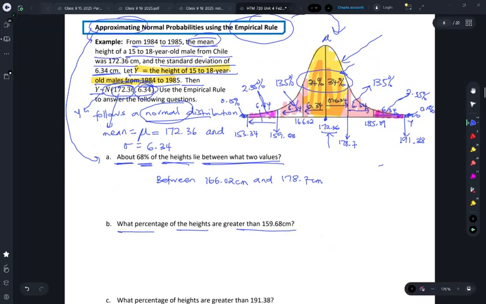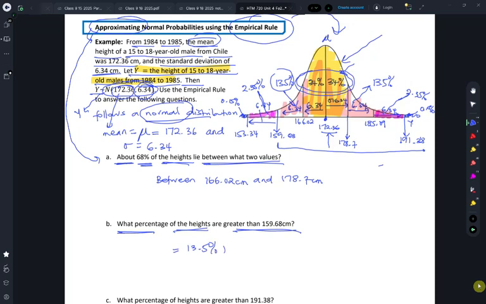That sets us up for finding what percentage of the heights are greater than 159.68. From 159.68 all the way forward, we have 13.5%, 68%. So let me write that down. Plus 68% plus another 13.5% plus 2.35% and plus 0.15%.